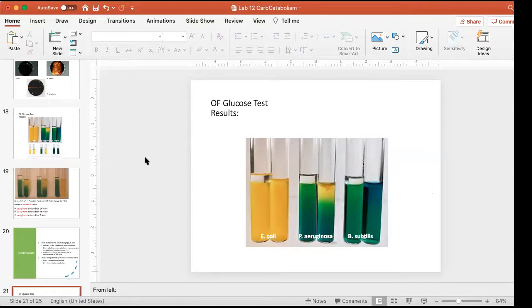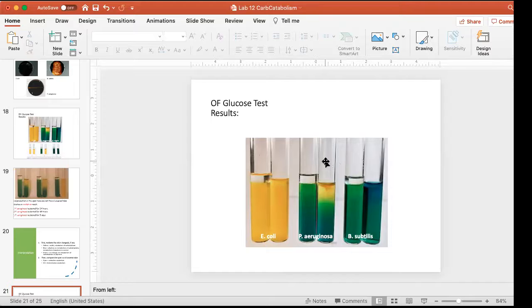We have 3 organisms that gave us 3 very different results. I've got acid in both of the E. coli tubes. I've got acid in one of the Pseudomonas tubes, but not the other. I've got alkaline in one of the Bacillus tubes, but not the other. Glucose is being used for cellular respiration, used for fermentation for E. coli.